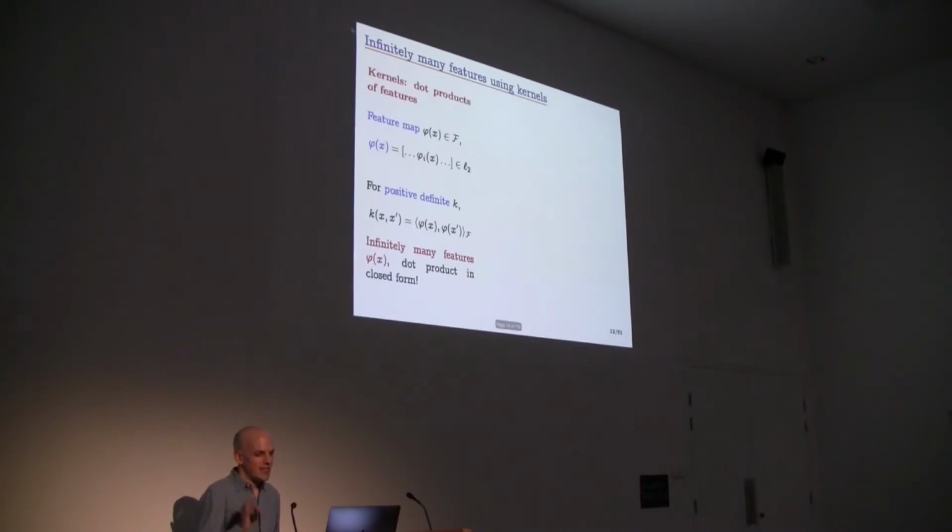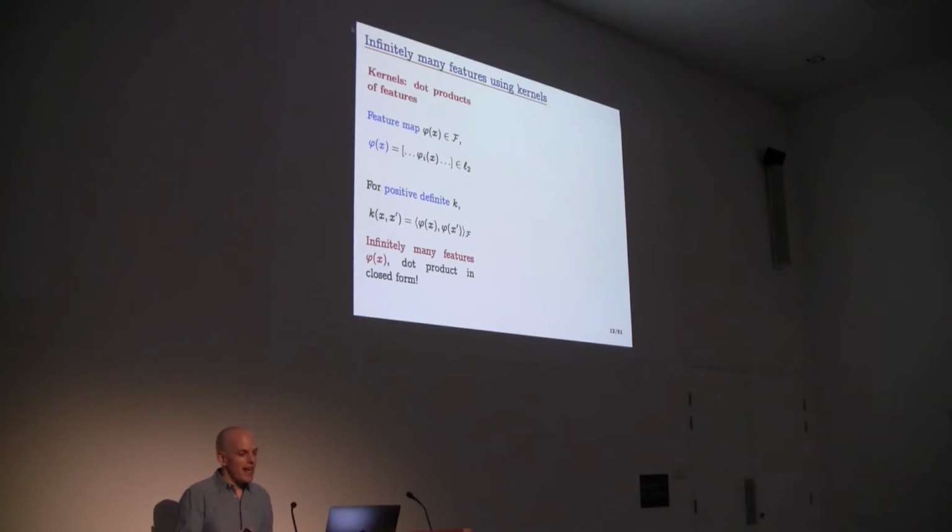So here's a very compact introduction to the tools that we might use in kernel methods. So if we have an object x, I'm going to define a feature map, phi of x, which might be infinitely long. It has to be square summable, so the sum of the squares of the features should still be finite, but it might have infinitely many entries.